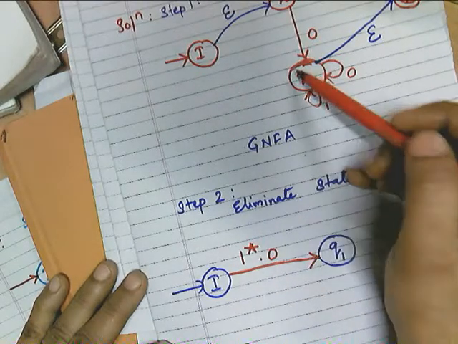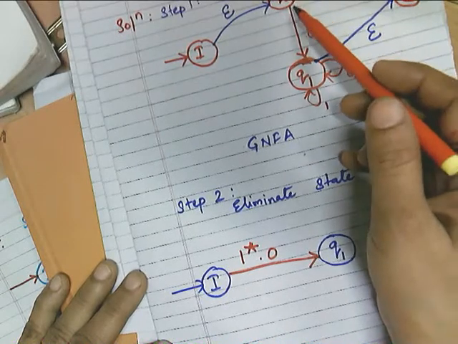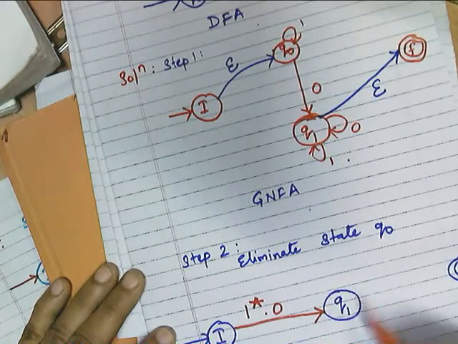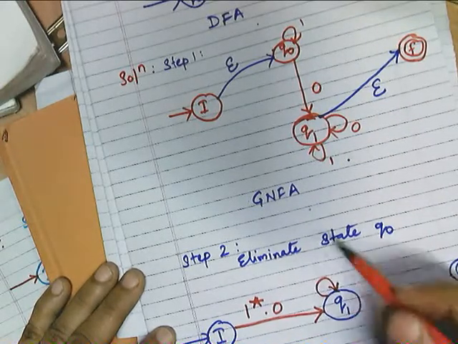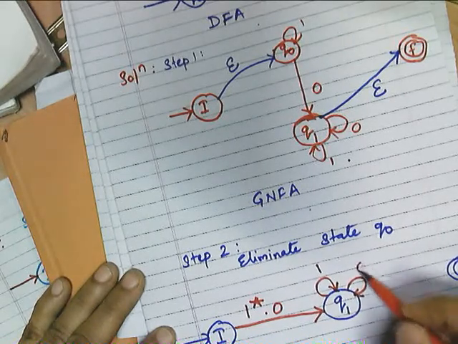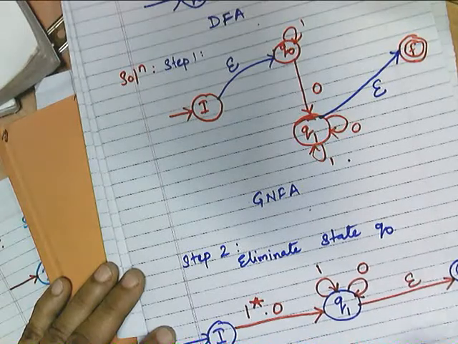Now are there any more transitions through Q0? There is no back loop here. So again I'll just copy this as it is, 1 and 0, and then there will be an epsilon transition.